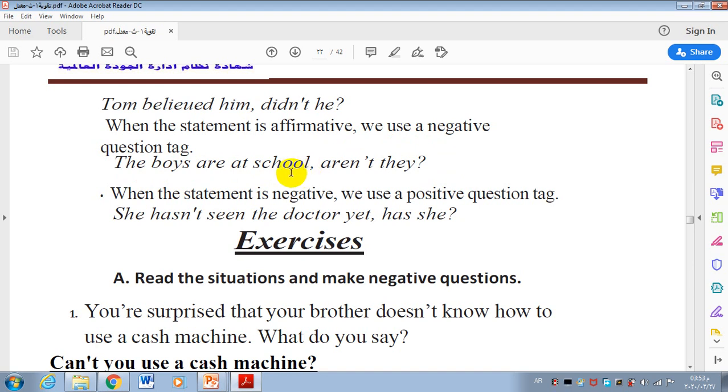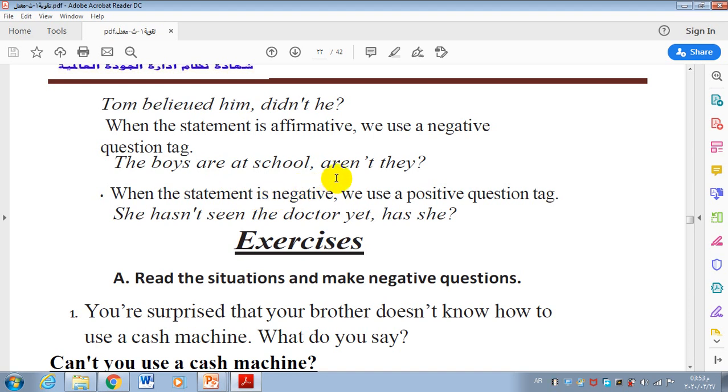Here the subject is the boys and it is a plural noun, followed by the helping verb are, and are is affirmative.